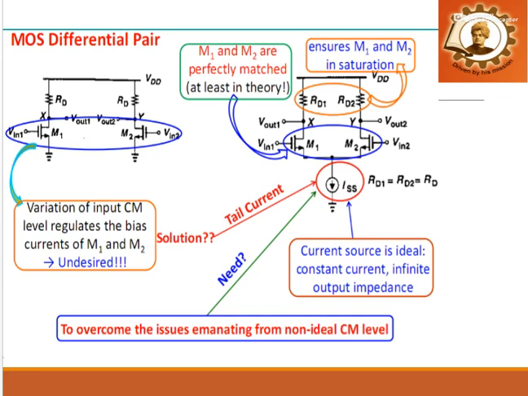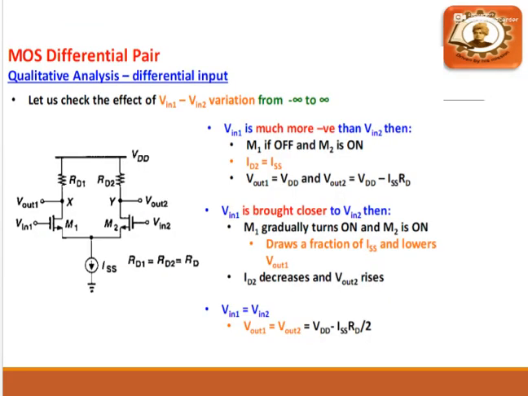Now let us move on to some qualitative analysis of this differential pair amplifier, CMOS amplifier. Here let us consider VIN1 and VIN2, the two input voltages, which will vary from a low value to a high value.